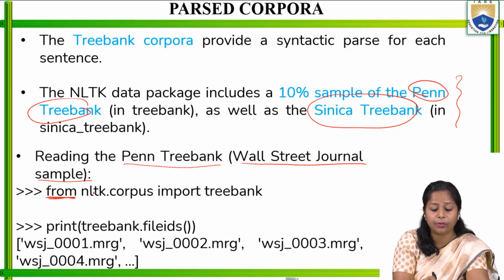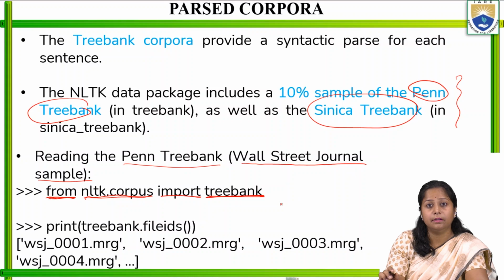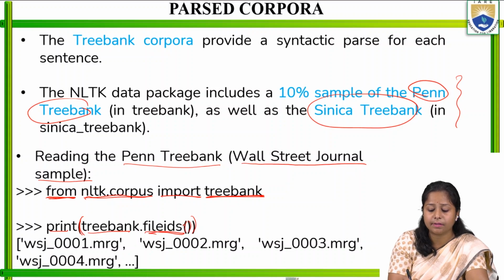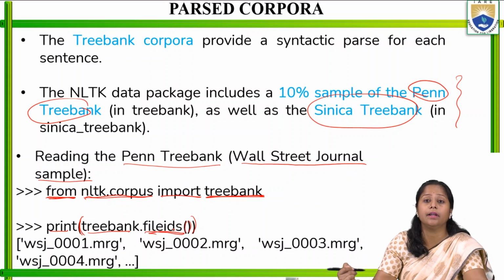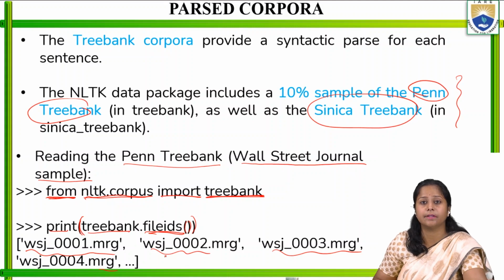On the command prompt, I need to write from nltk.corpus import treebank. When I write this, in the next line I need to call the fileids. So in the print function, I need to write treebank.fileids(). Along with the fileids function, other packages and parsing are there, so that is going to give us the result as an output. So these are listed here.